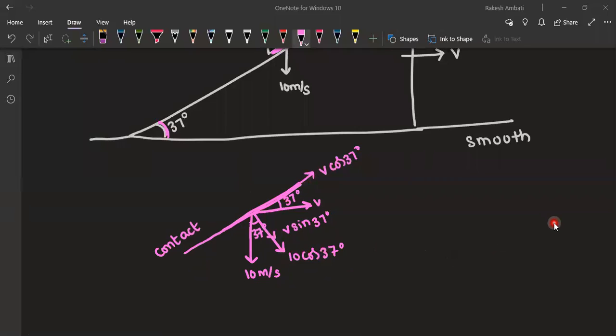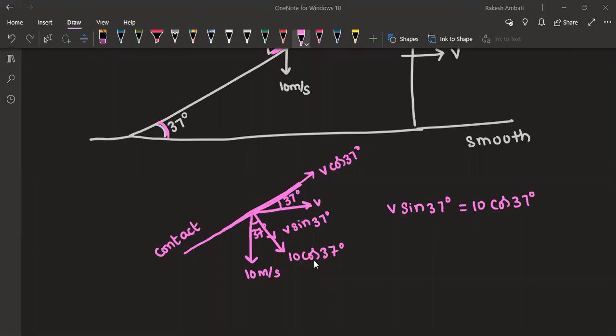Which velocity components are equal here? v sin 37 is balanced by 10 cos 37. Along the normal, velocities or accelerations must be equal. So equate these two velocities, simplify, and let me know the final answer.